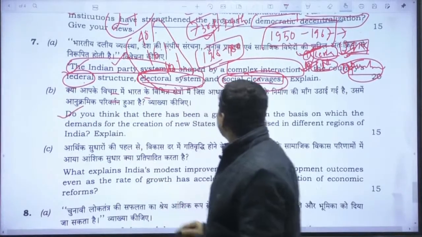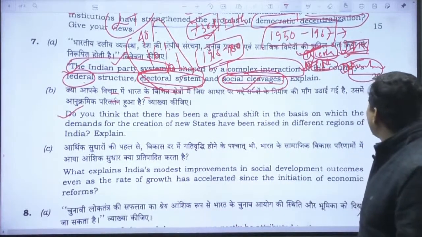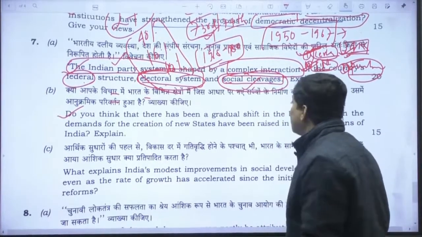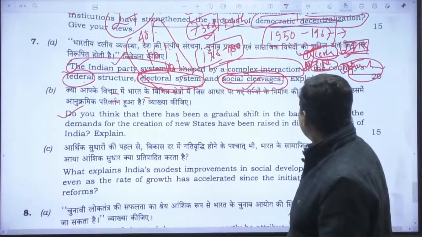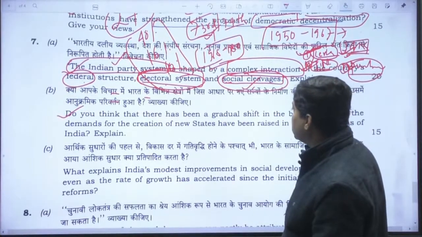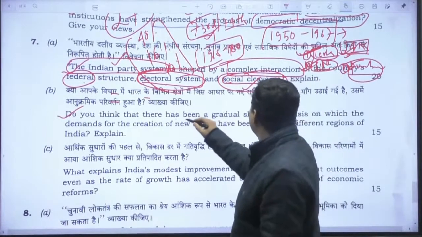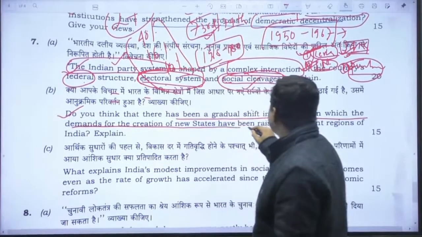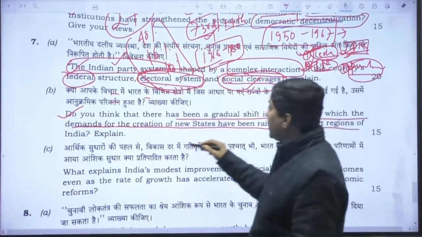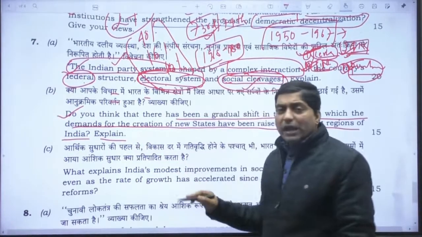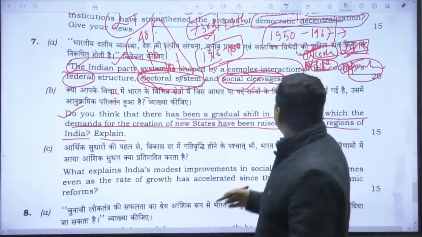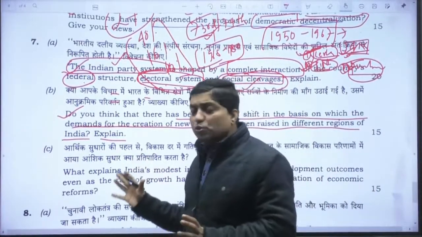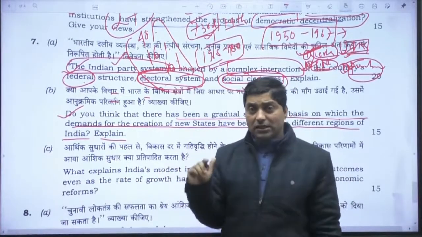Do you think that there has been a gradual shift in the basis on which the demands for the creation of new states have been raised in different regions of India? If you look at the reorganization of states in India, it was first constituted on the basis of administrative efficiency.